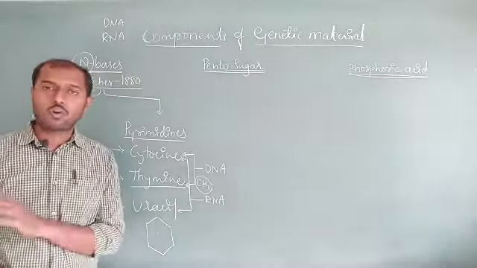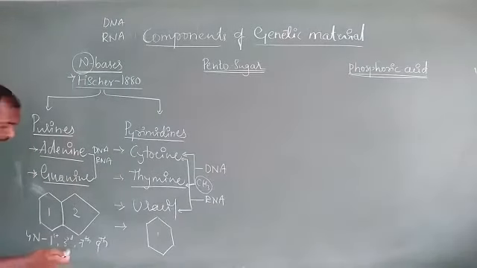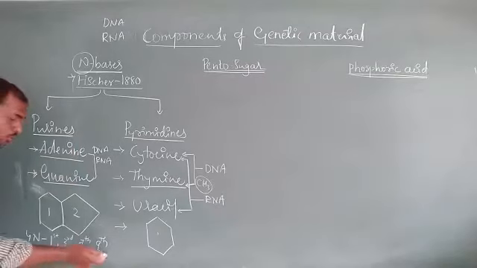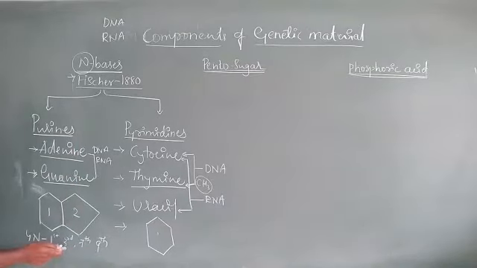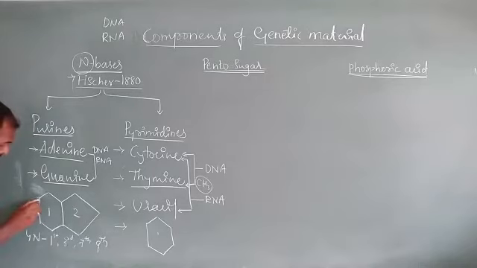Where? In case of purines. Okay, so in purine we can see 4 nitrogens. Which positions? Position 1, position 3, as well as position 7 and position 9. So when we look at this in the ring, where can the positions be? This is position 1, position 3, this is 1, this is 3, this one is position 7 and this one is position 9.